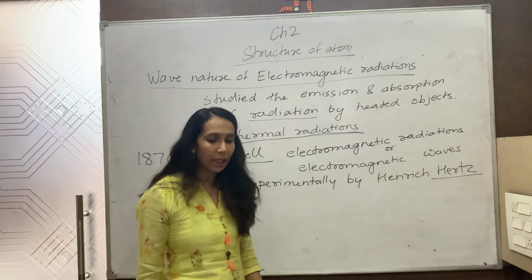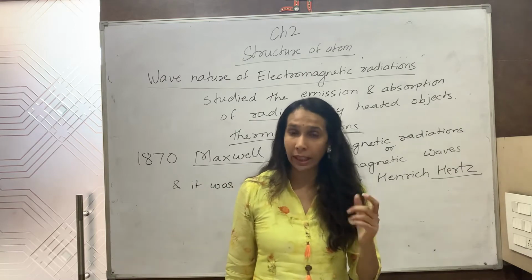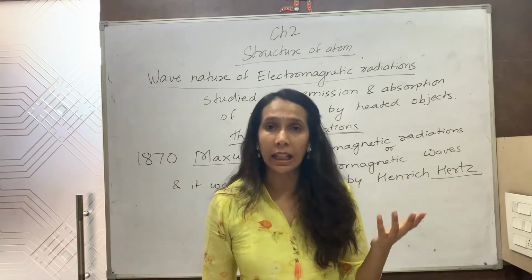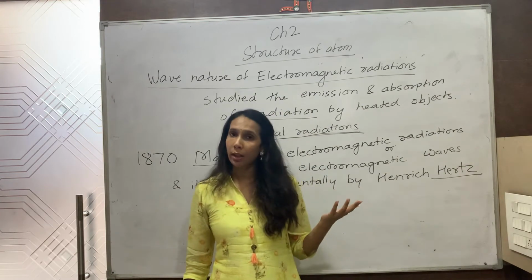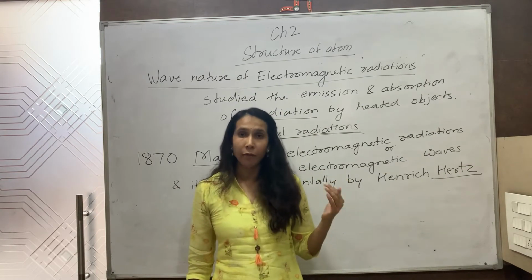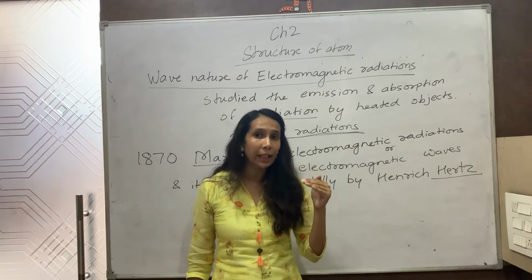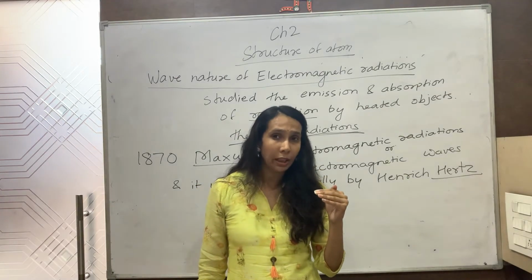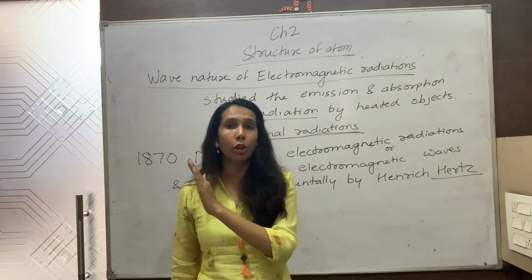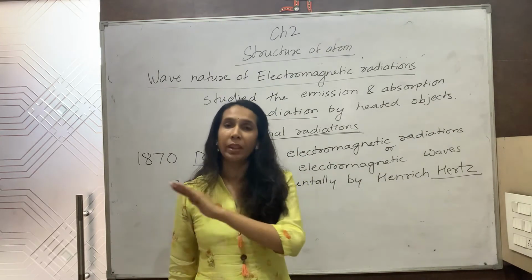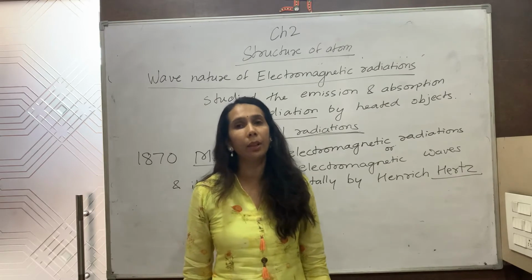So now what are electromagnetic radiations or waves? Even light is an electromagnetic wave or electromagnetic radiation. A radiation which is associated with an oscillating electric and a magnetic field perpendicular to each other and perpendicular to the direction of propagation of wave is called electromagnetic radiation.